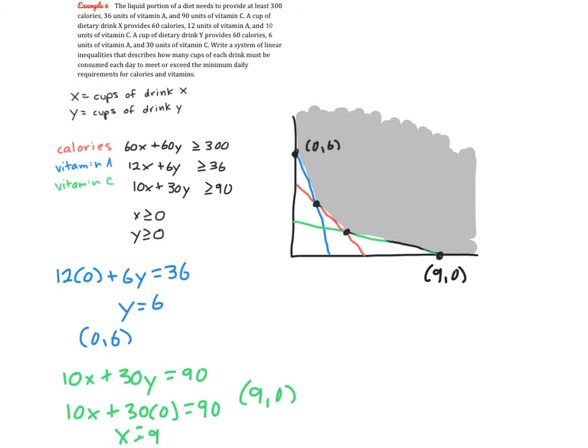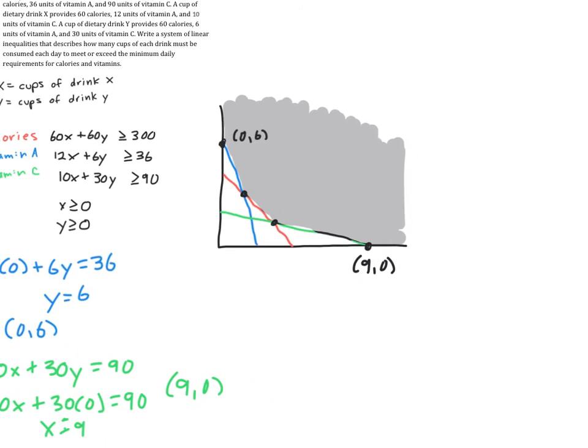And then if you look at this coordinate right here, we can see that it's the intersection of our calories and our vitamin A. It's the intersection of the blue and the red. So we can actually solve using a system of equations here. So let's imagine we take our red equation, 60x plus 60y equals 300, and we're going to multiply our blue equation, let's say, by negative 10.